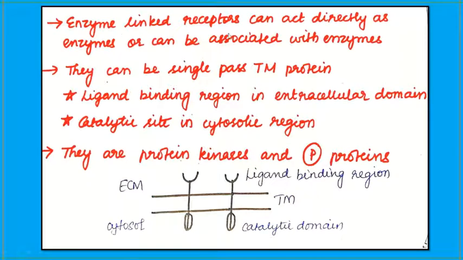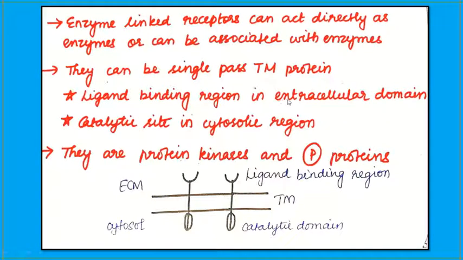Enzyme linked receptors can act directly as an enzyme or can be associated with enzymes. They can be single pass transmembrane proteins. This is the structure of an enzyme linked receptor. You can see they are single pass, which means the transmembrane region passes through the plasma membrane only one time.